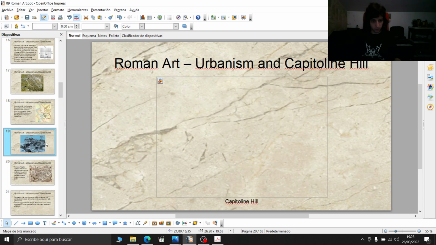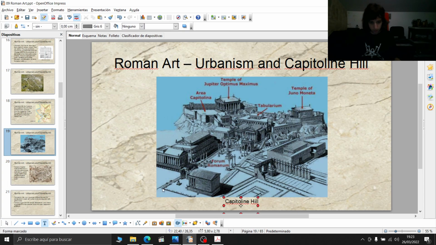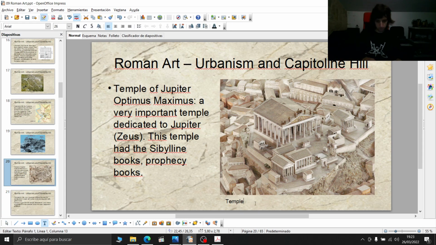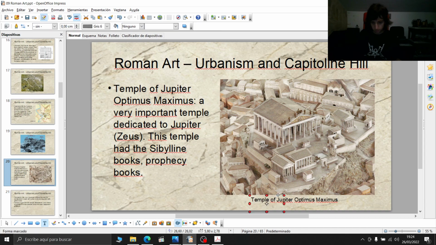I love the name of this temple, it sounds so powerful. Temple of Jupiter Optimus Maximus.